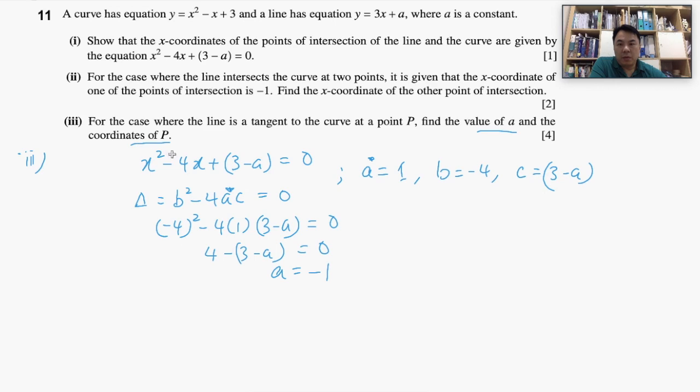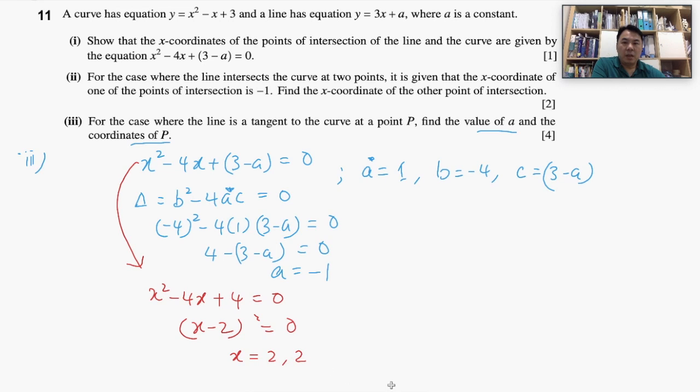Now we need to identify the coordinates of the point of intersection. Once we found a to be -1, then we can rewrite this as x squared minus 4x plus 4. It's very obvious if you factorize that, x is equal to 2.